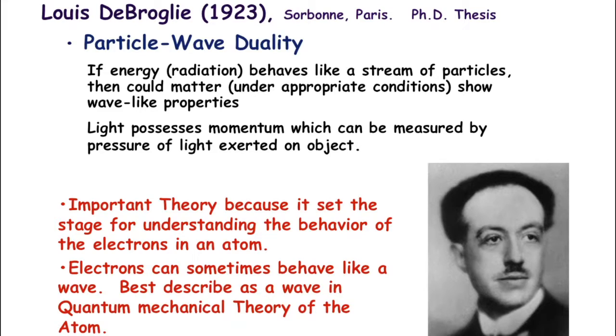Now, why is this important? Because it sets up the idea that electrons, which we always think of as particles, may sometimes behave like a wave. And this is the basis of quantum mechanics. Now, quantum mechanics is a theory that doesn't apply in our world.